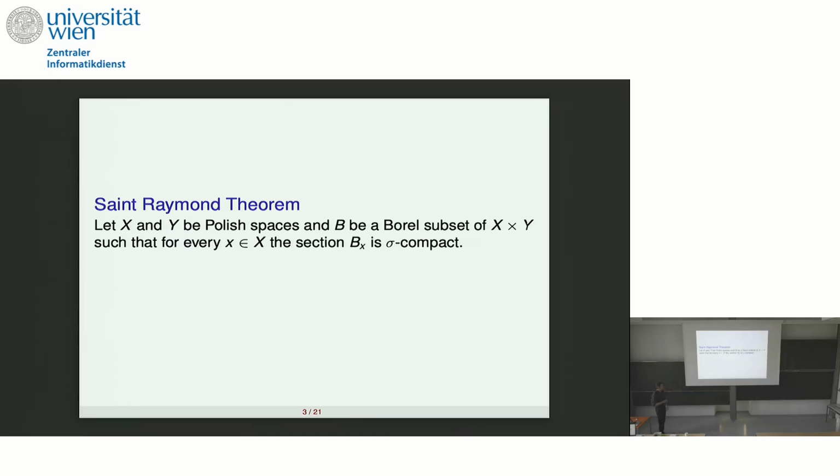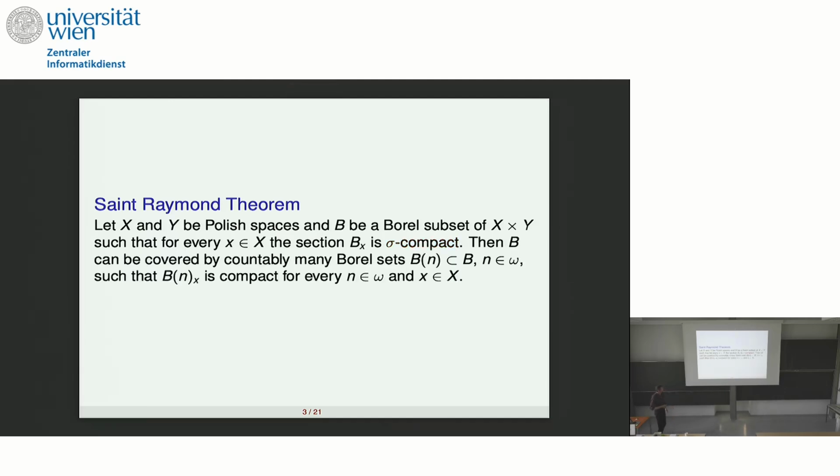Here we assume that any section of B is sigma compact. This means that any section is a countable union of compact sets. Then the result says that B can be covered by countably many Borel sets Bn, with Bn a subset of B for any n. This is as in the Luzin-Novikov theorem, but here any section Bn x is compact for every n and x.